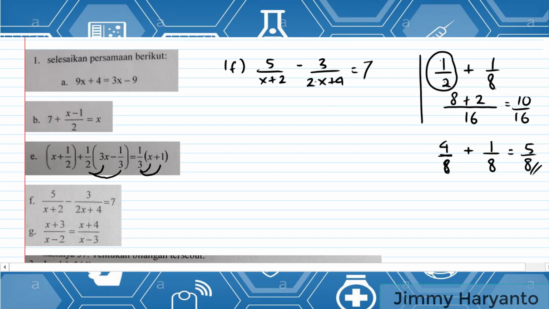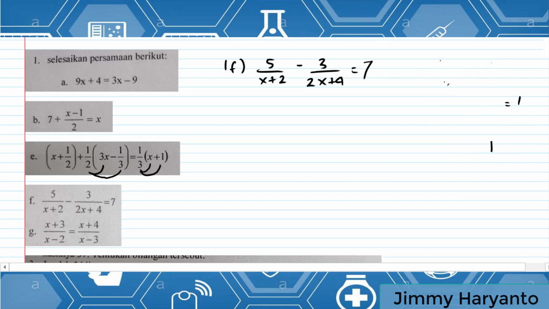So for this one, we have to make the denominator equal, right? How to do that? We can factorize the 2x plus 4 before we make the denominator equal. I will write 2 in the bracket (x plus 2), equals to 7.